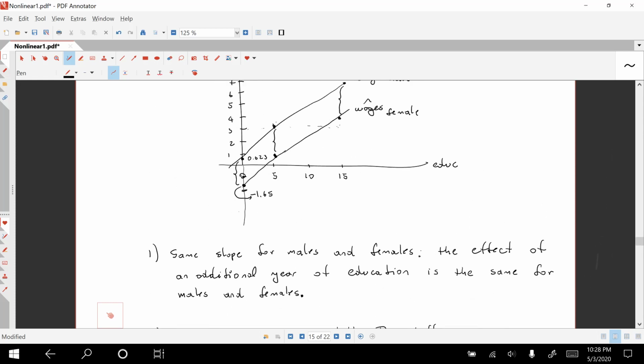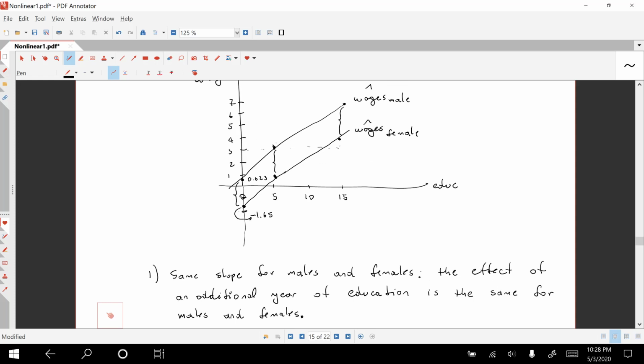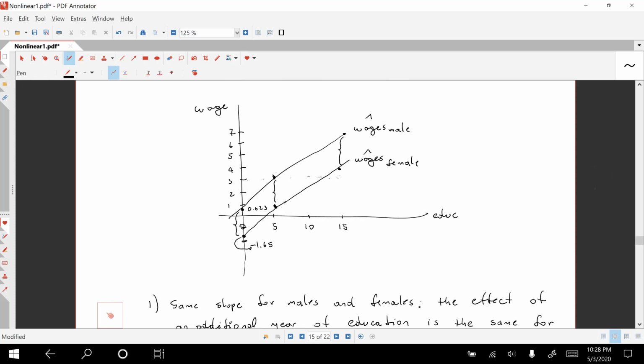With the dummy variable for males and females, what I was doing to the graph was shifting the intercept. You see, the intercept for females is minus 1.65 and for males 0.623. So they have different intercepts.